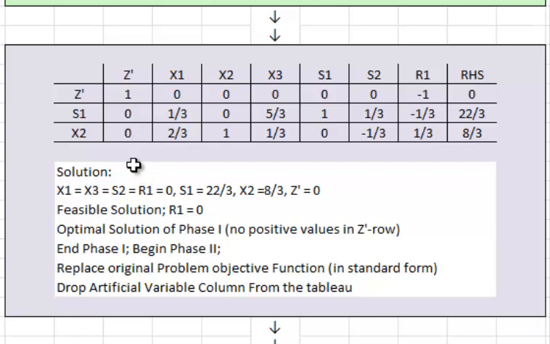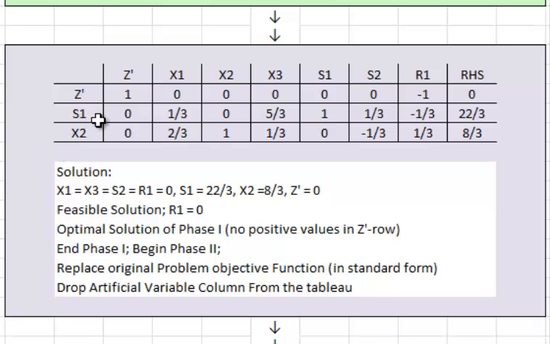What happens if you end up with an optimal solution with the phase 1, but in the basis you would have r's? If artificial variables exist in the basis, we will most probably not have a feasible solution.